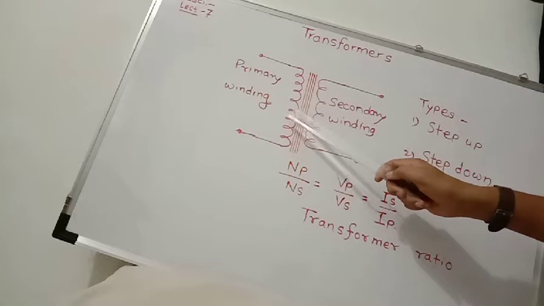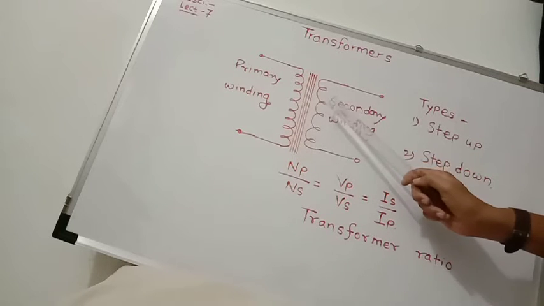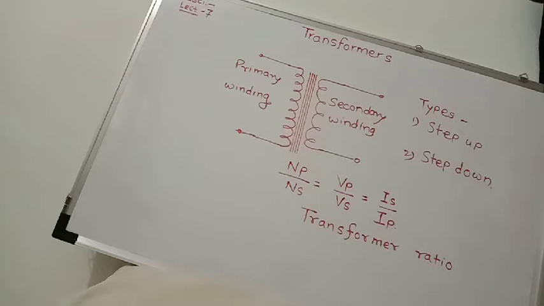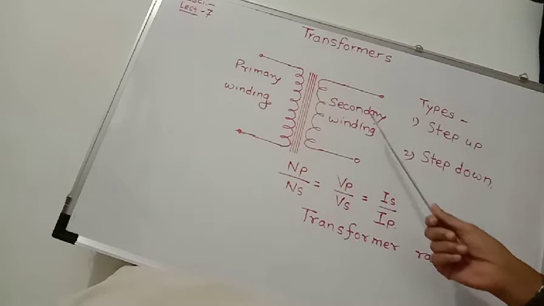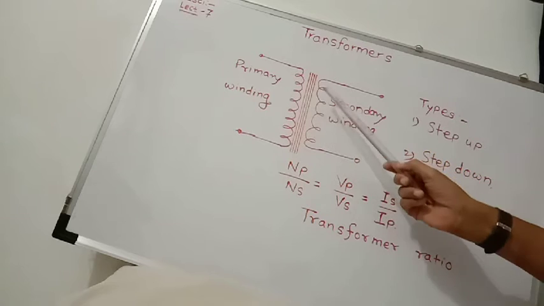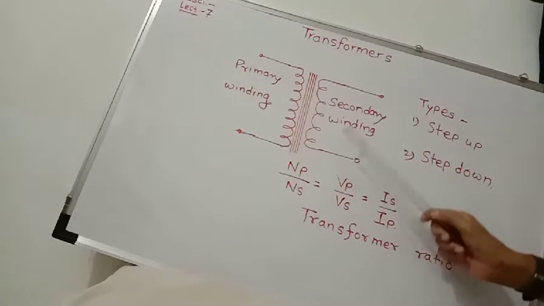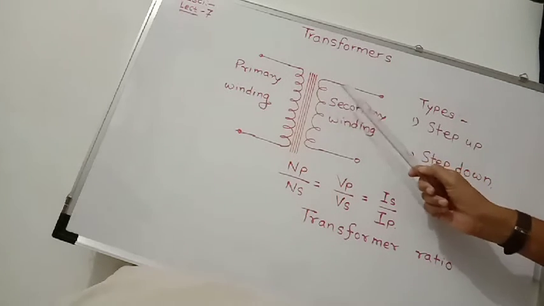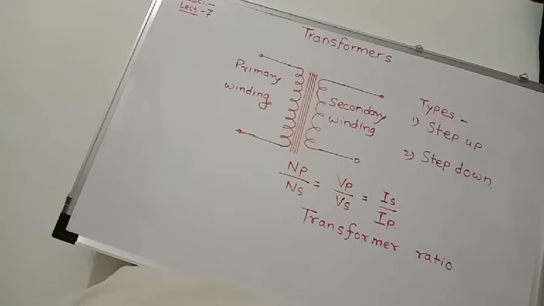Due to this change in magnetic flux, the secondary winding, which is placed near the primary winding, cuts this changing magnetic flux, and therefore a voltage is induced across the secondary winding. This is called mutual induction.